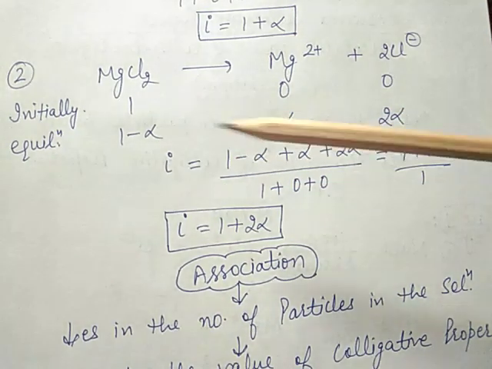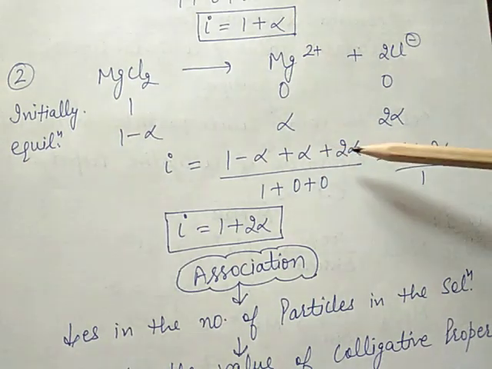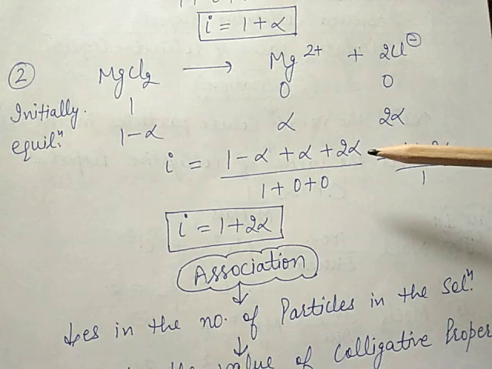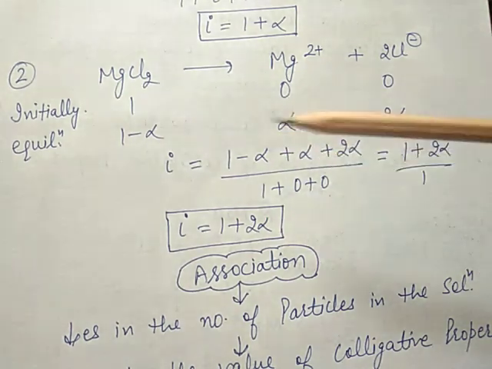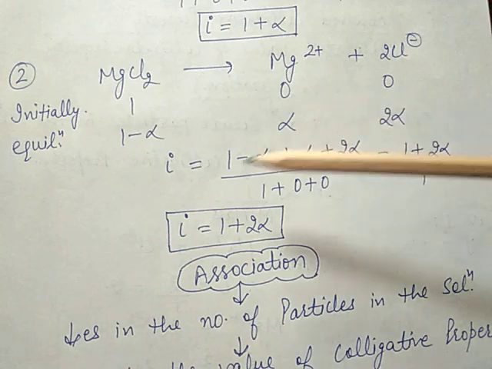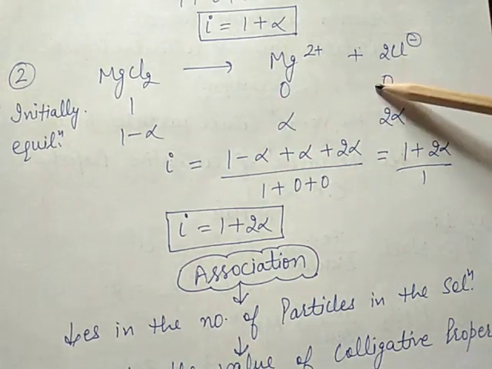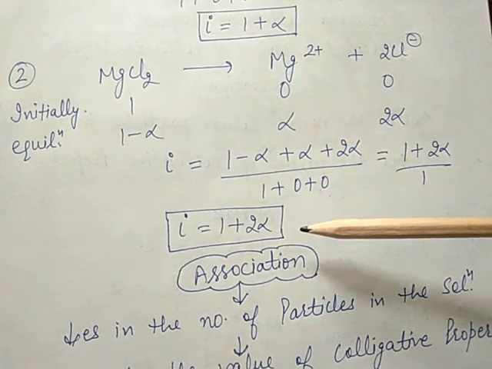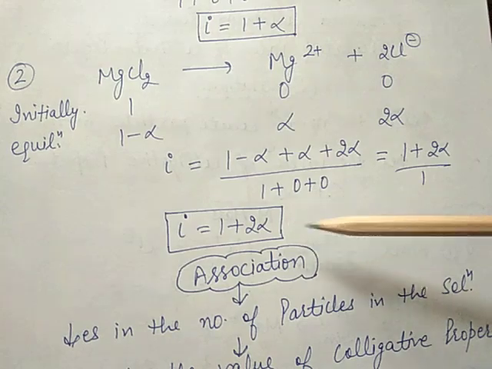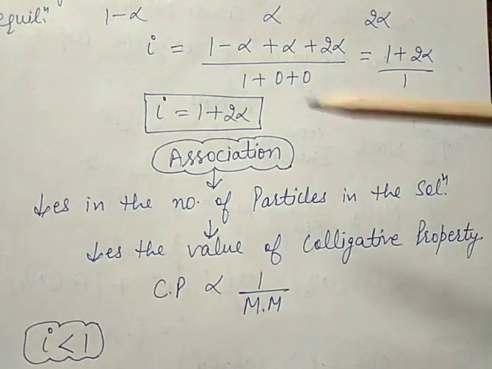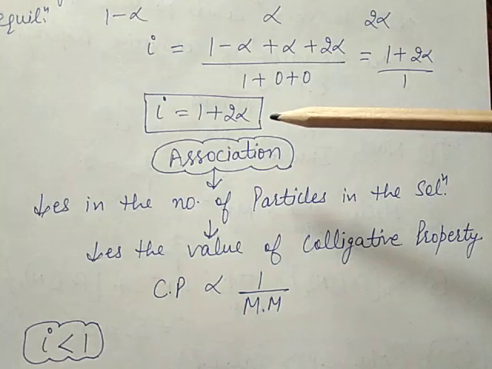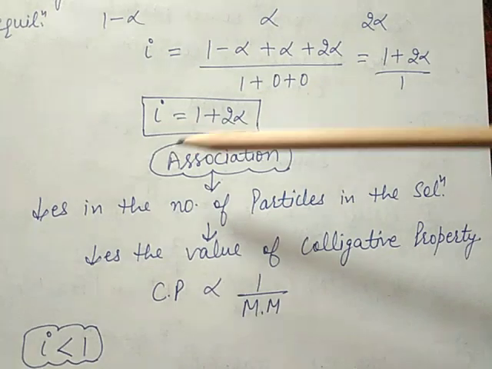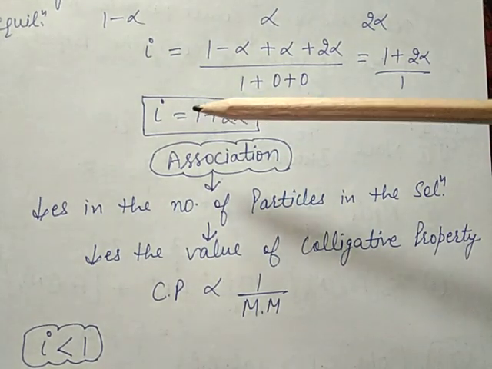Iota is equal to 1 minus alpha plus alpha plus 2 alpha, divided by before dissociation, 1 plus 0 plus 0, that is 1. Answer is iota is equal to 1 plus 2 alpha. Here alpha is the degree of dissociation. Then we can easily find out the Van 't Hoff factor, means iota value.